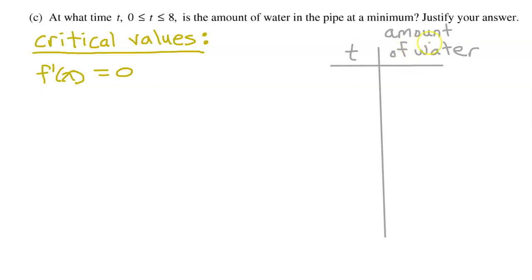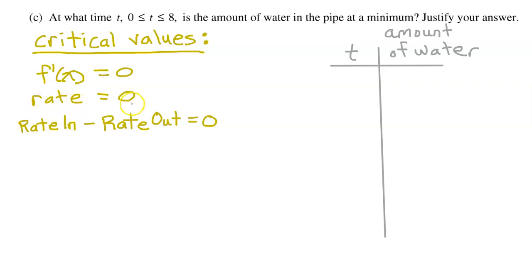However, we don't have a function name like f of x, but in some way we still need to find the derivative of this function, the derivative of the amount of water. So let's just think of it as the rate of change of the amount of water. Okay, we're just going to put rate instead of derivative. But still, the critical values will be where the rate is equal to 0.